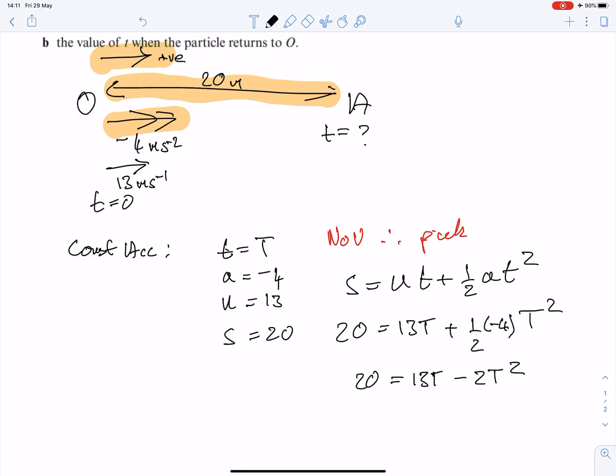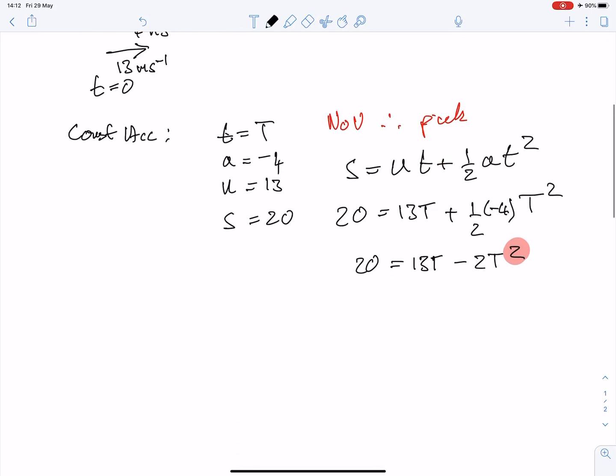What kind of equation is it? Well, hopefully we pick this out as a quadratic. So how do we like it to be written? Write as positive and equal to 0. So we get 2t squared minus 13t plus 20 equals 0.